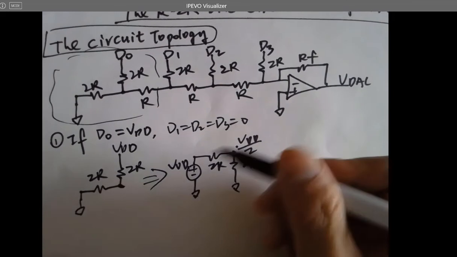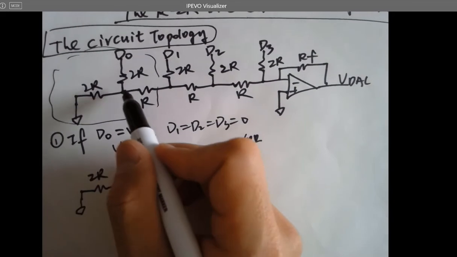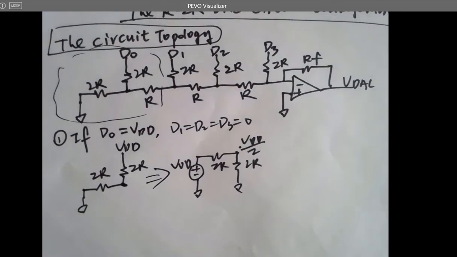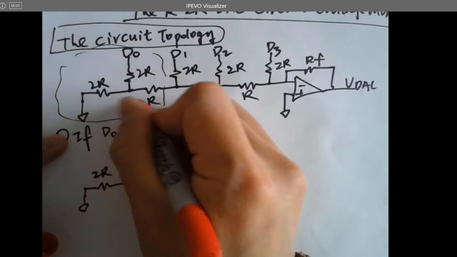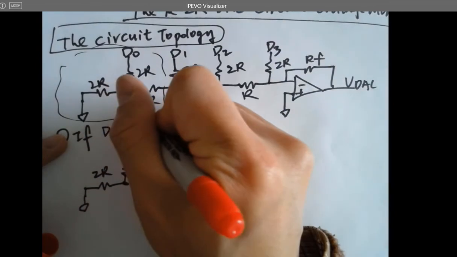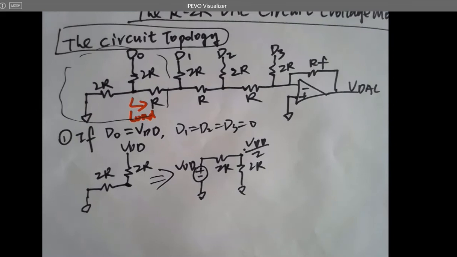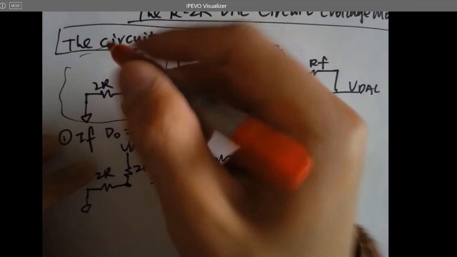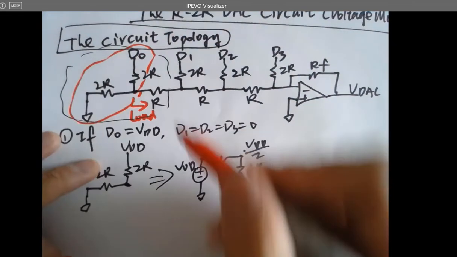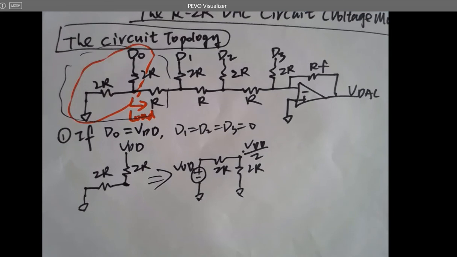So let's look backwards first. If you treat everything in that direction as a load, just convert whatever is here into its Thevenin equivalent circuit. What does that look like? What is RTH here?